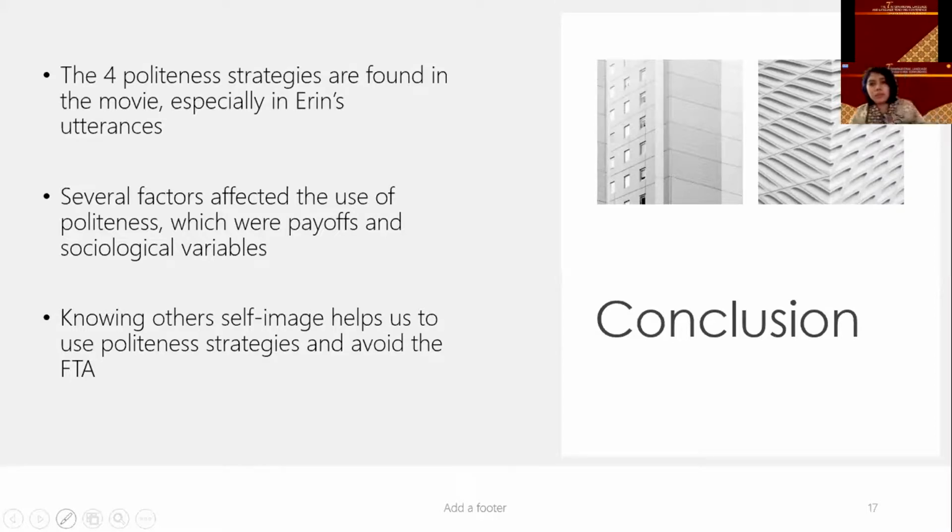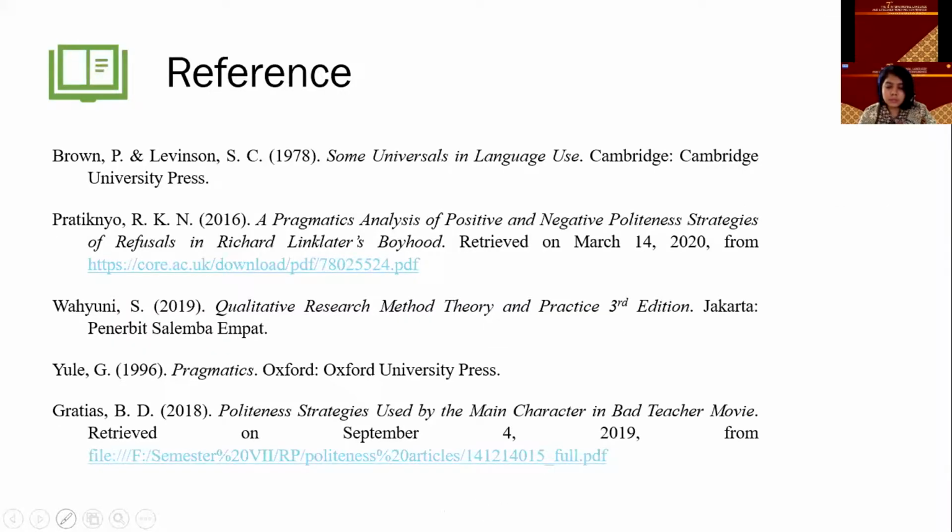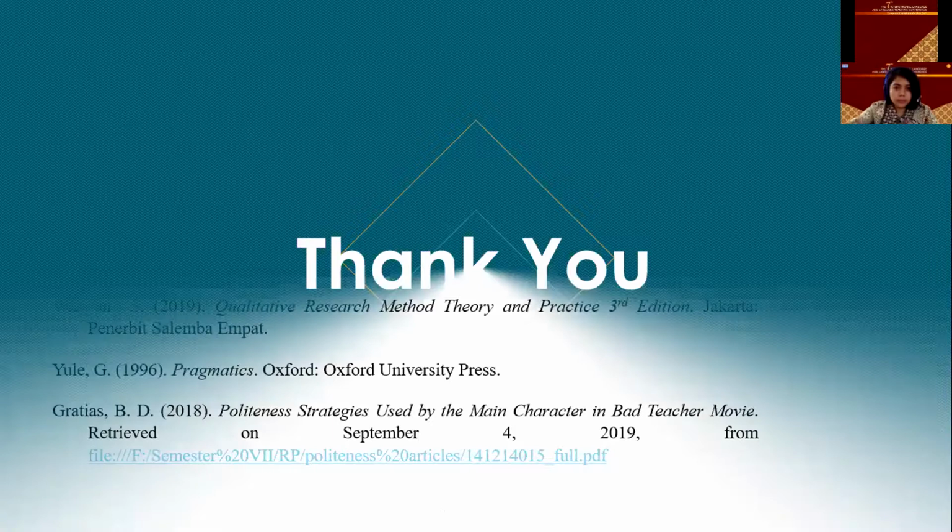When we have sensitivity to others' face in public, we could use politeness strategy with certain people and avoid the FTA, or face threatening act. So here are the references that we used in conducting the study, and thank you so much for the attention.